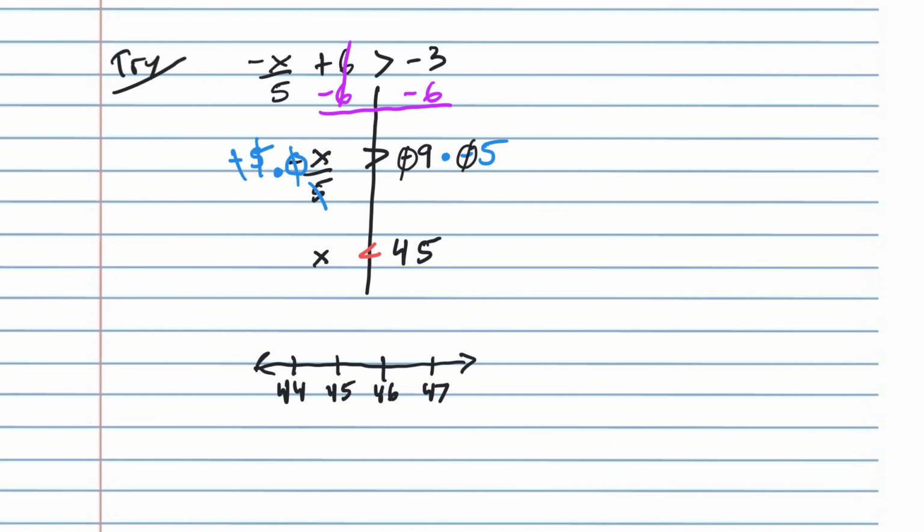We know our answer is at 45. As in the last video, when the symbol is like this, it's an open dot. If it was this, then it would be closed. So an open dot at 45. And as long as the x is on the left-hand side, the arrow points in the direction we're going in. It says less than, and less than is to the left. So this is what our graph would look like.